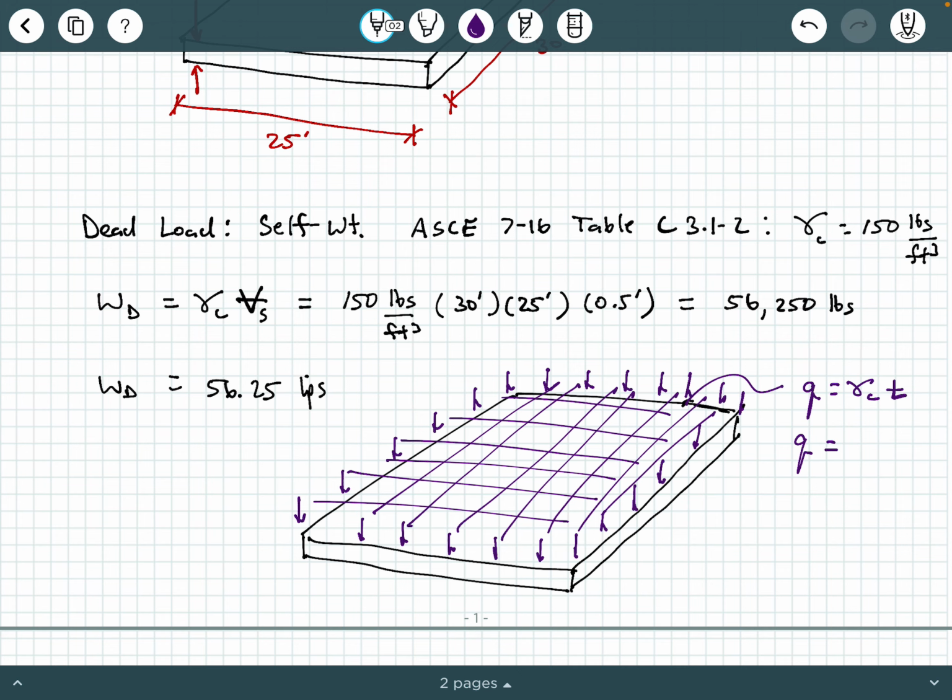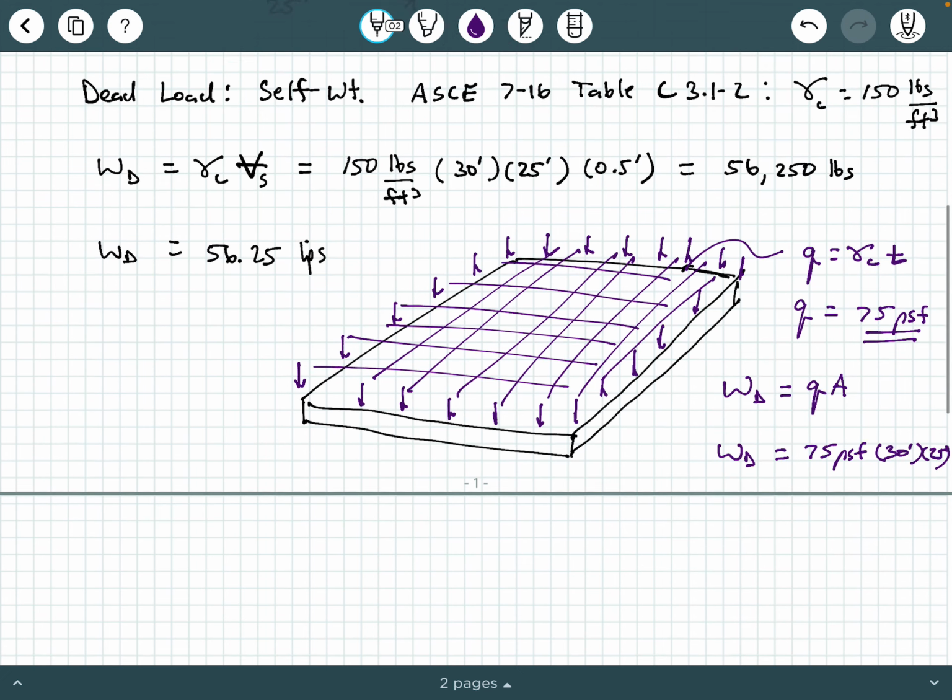So you could say q is equal to 150 times 0.5, which is 75 PSF, okay? And then you can say W dead equals q times area. And if you said W dead is q times area, then 75 PSF times 30 feet times 25 feet.